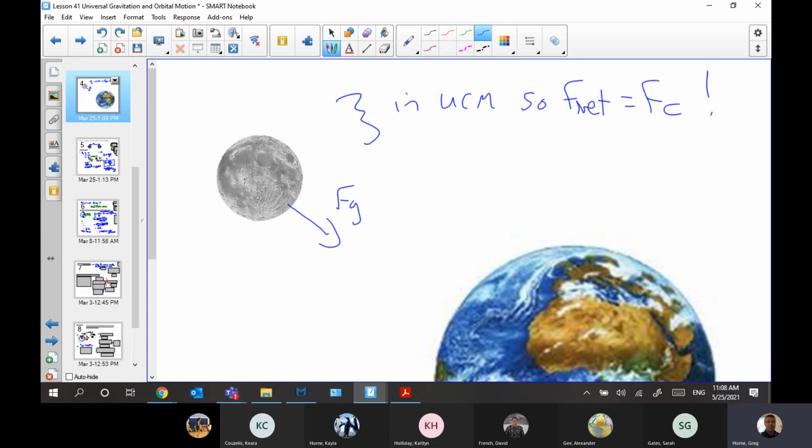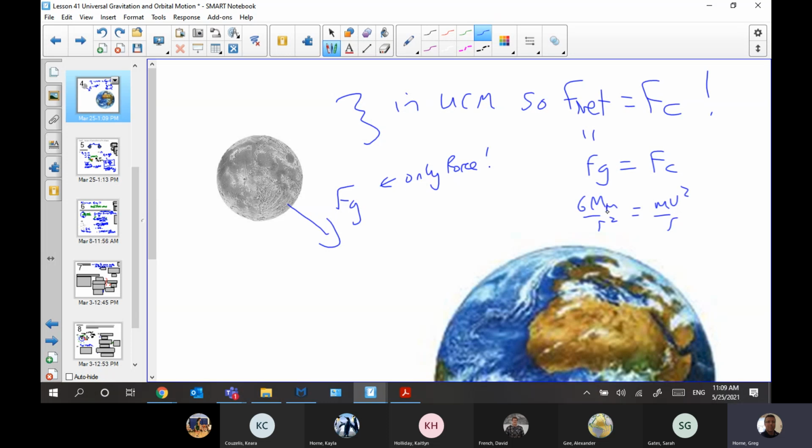And Fnet is really just, this is the only force on it, so that means that this must be equal to Fg. We're just basically getting Fg equals Fc. So we're going to say GMm over r squared equals mv squared over r. That's the equivalence that we know.